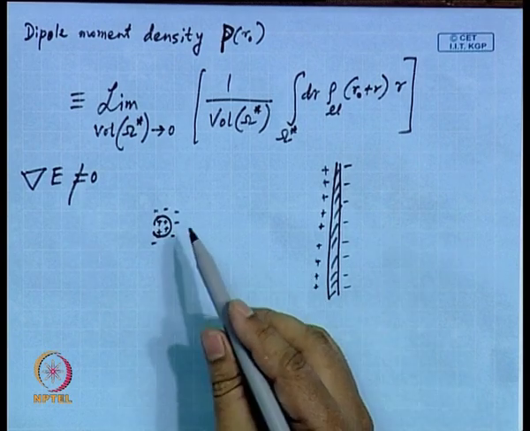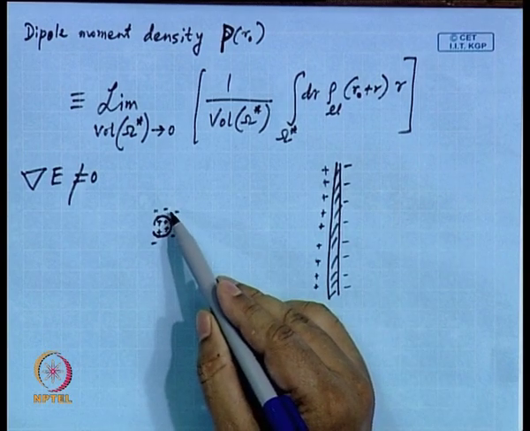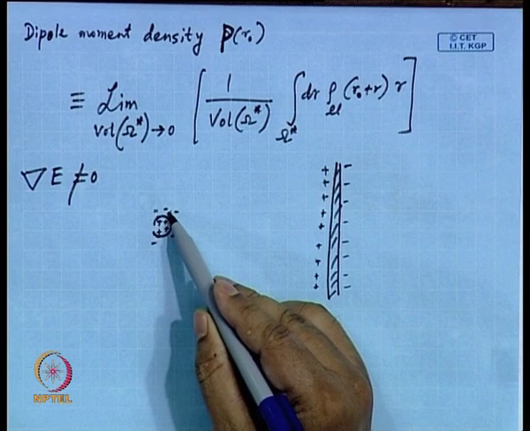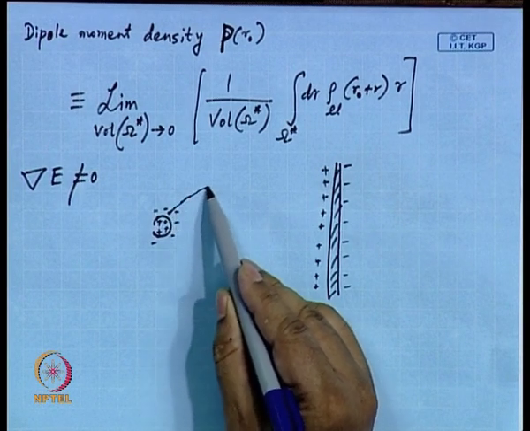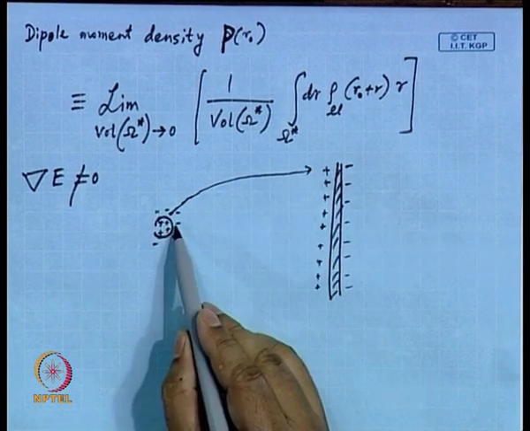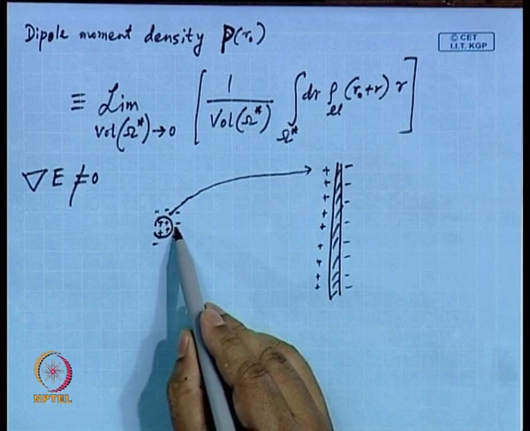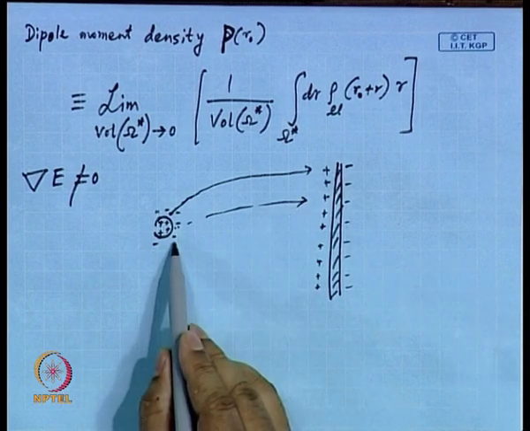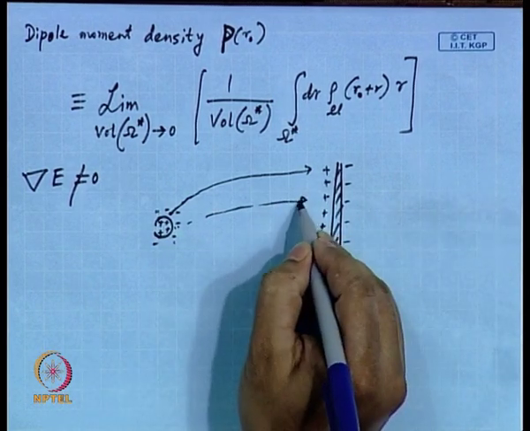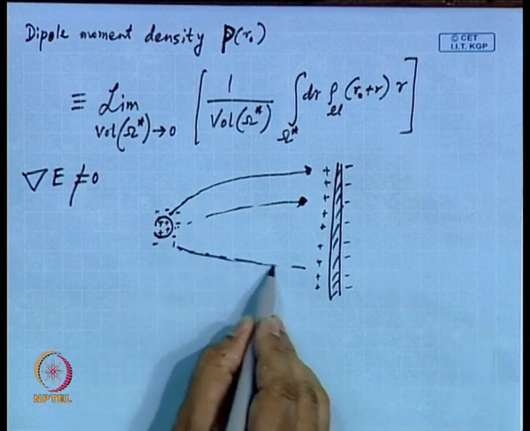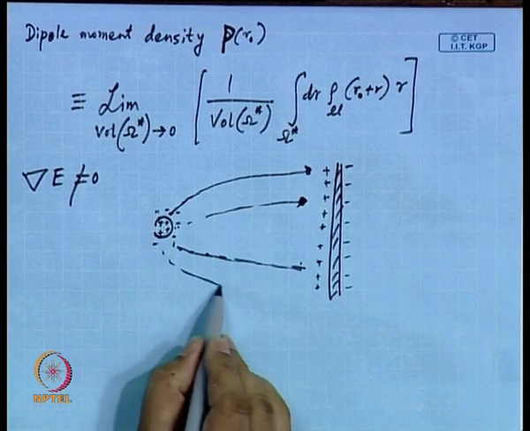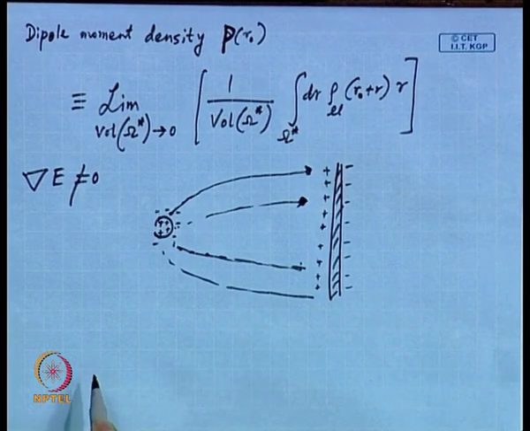So, if somebody wants to draw the electric field, you can see that automatically it would be non-uniform, in the sense that this is how the fields will be located. I do not want to put the arrow here, but at least think of this is how the field is located.